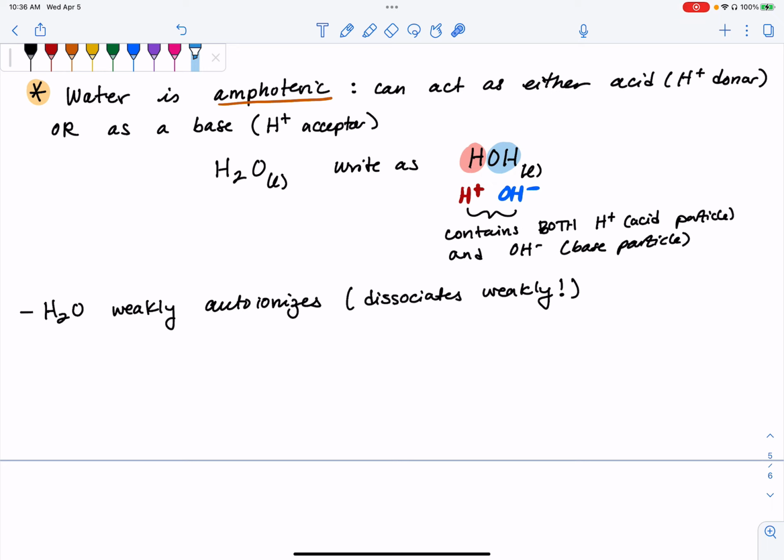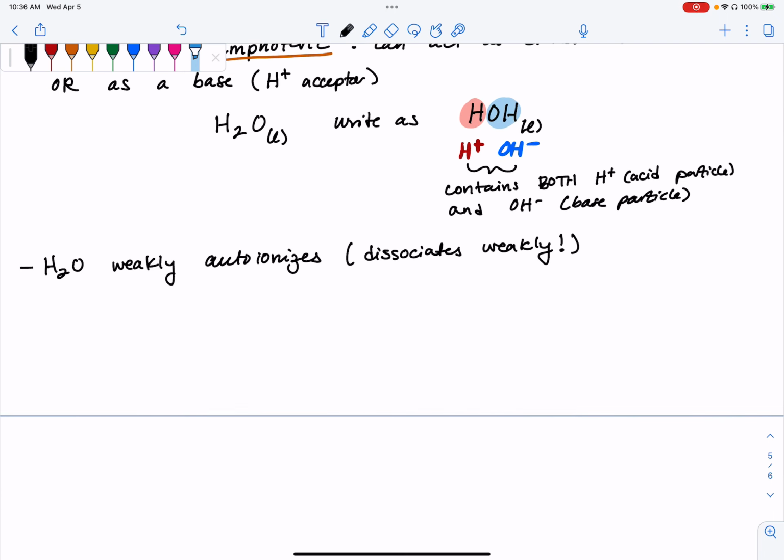Think like acetic acid. Acetic acid is a Bronsted-Lowry acid because it can donate that acidic H plus ion, and it can donate that acidic H plus ion partially because it is a weak acid, which shows only partial dissociation from the acetate ion and that acidic H plus ion.